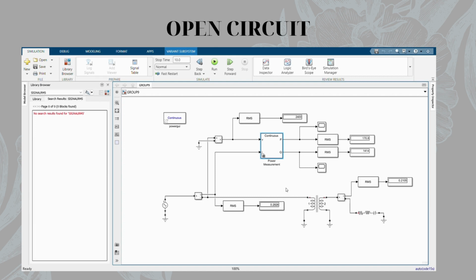As for the voltage, we have 2400, and this is for IOC, which is 0.2826, and this is the current 2, which is 0.2105 ampere. And for the power, we got the total of 170.8 watt, and as for the reactive power, we have 1414. Thank you very much.